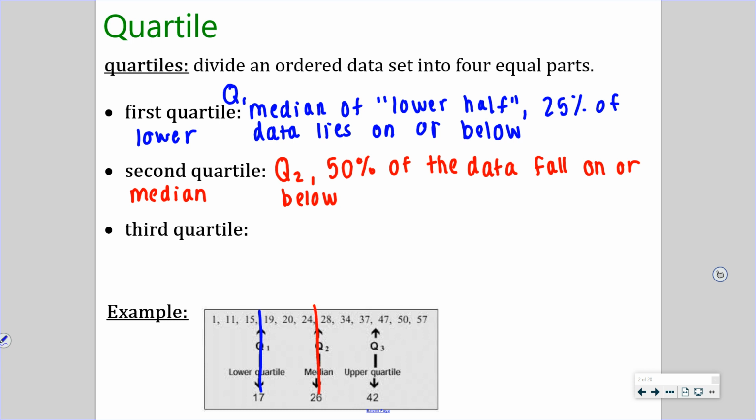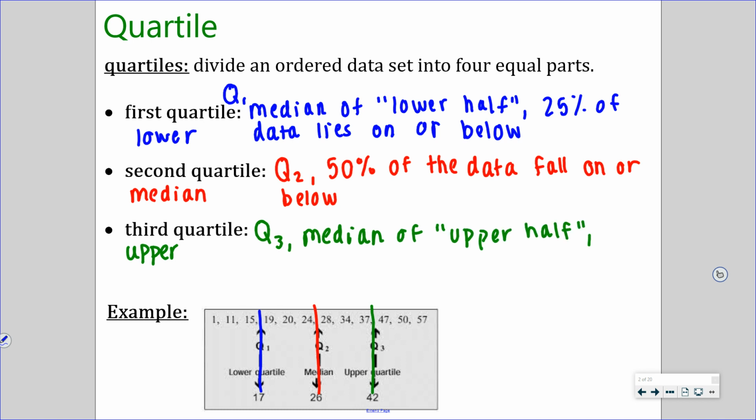Then if I split it up again into the 4 equal parts, the quartiles, I could find the median of the upper half of the data. We call that the third quartile, or sometimes the upper quartile, Q3. So it's basically the median of the upper half of the data.